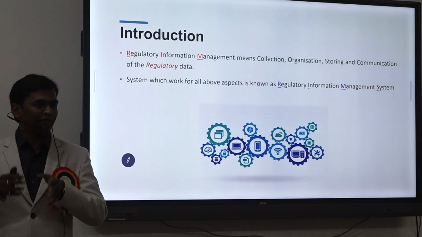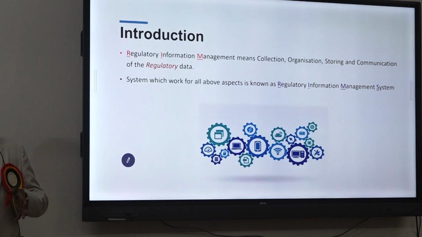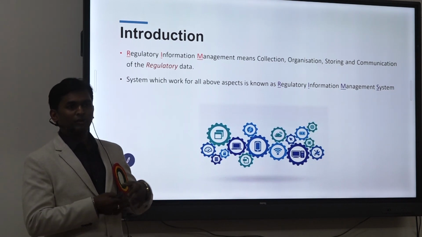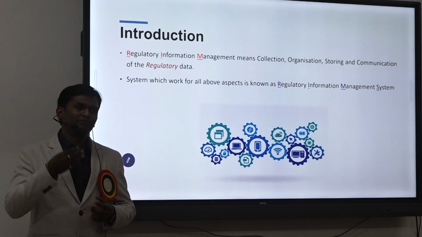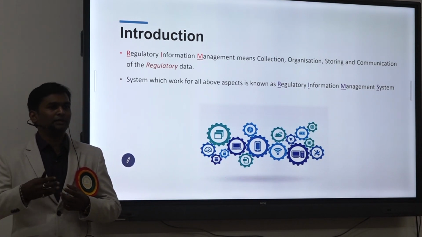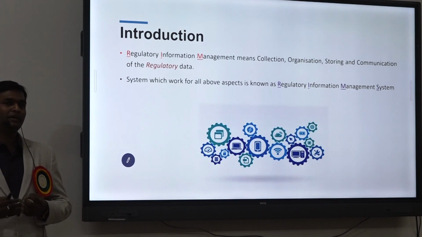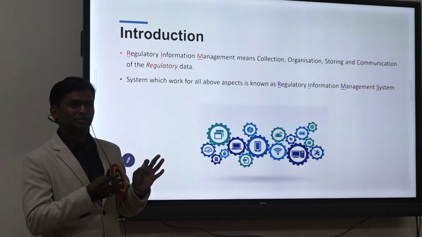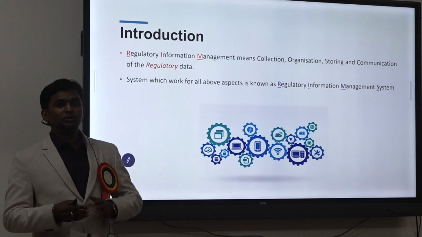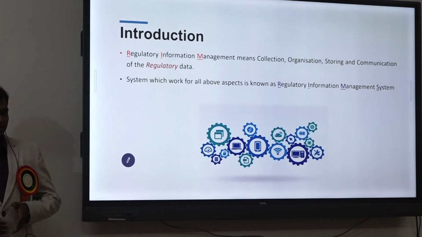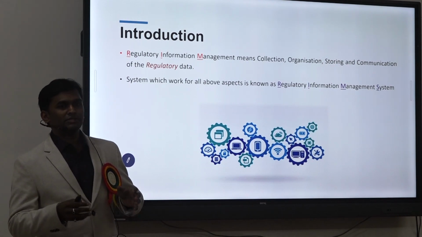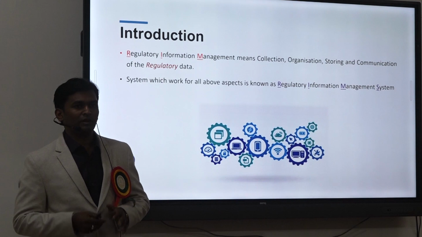Regulatory is not only for pharmaceutical products, it can be for medical devices, foods, cosmetics, water samples. Each and every company associated with the pharma industry will have a regulatory information management system if they want to achieve compliance, which is most required in today's pharma world.